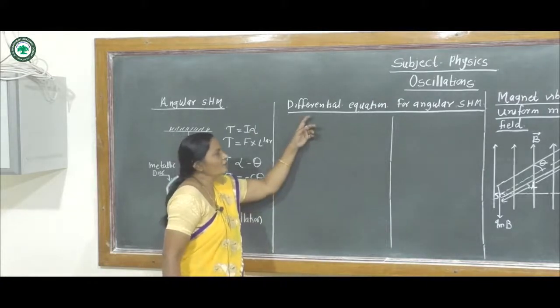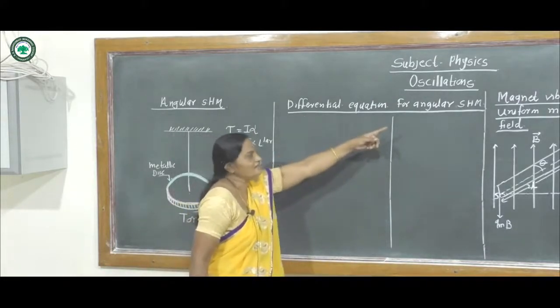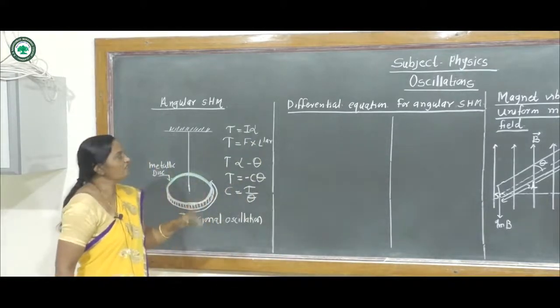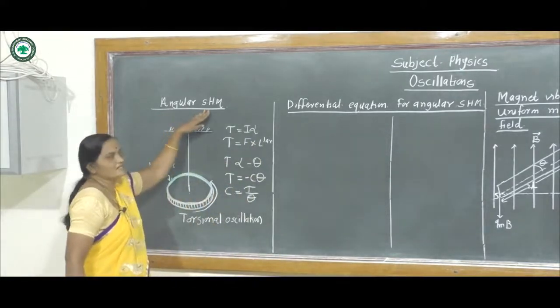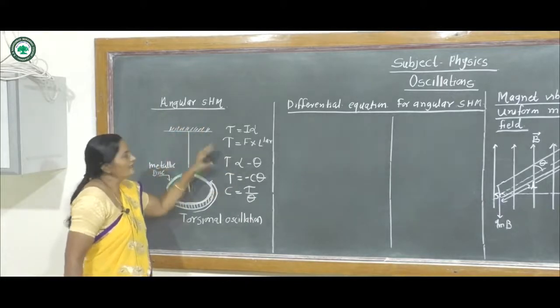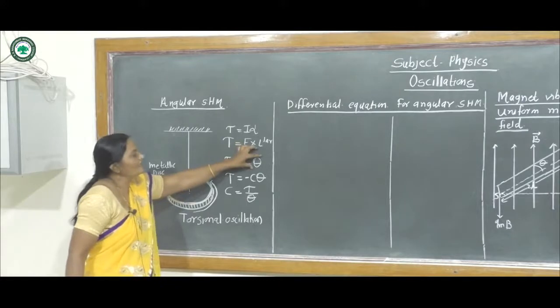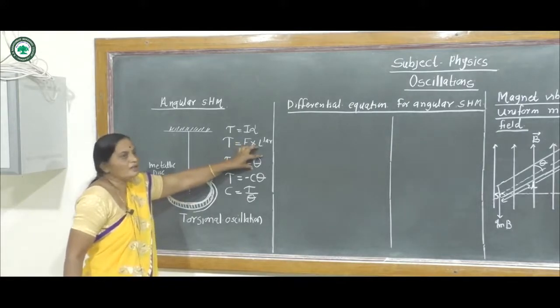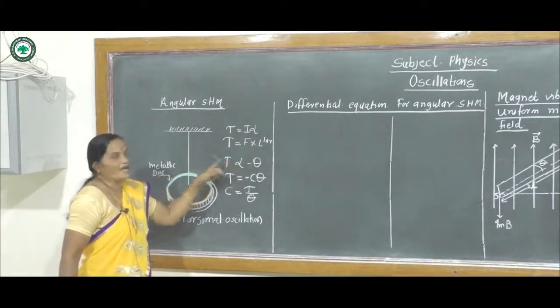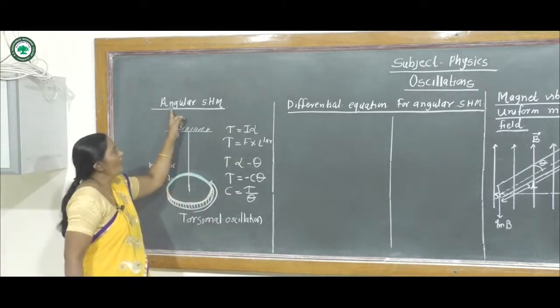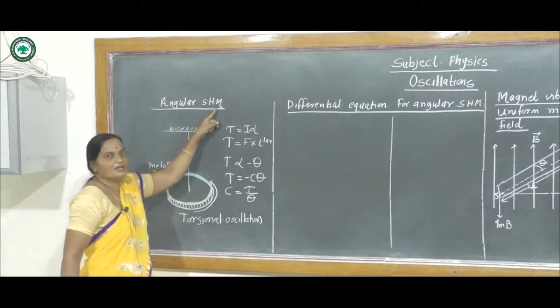From this we can define angular SHM as: the magnitude of the restoring torque is directly proportional to the angular displacement and it is directed towards the mean position. It is called angular simple harmonic motion.